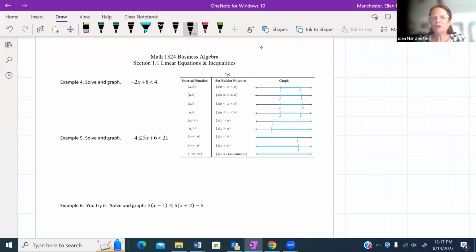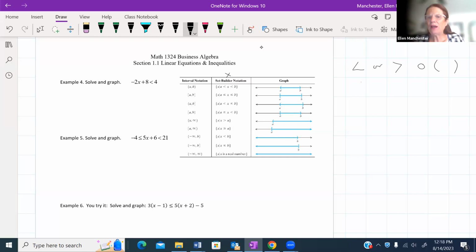With interval notation, you're showing an interval. Remember, there's a series of answers, so you're showing the whole series of numbers that will satisfy the solution to this inequality. If you have less than or greater than, that is an open circle, and an open circle means it's not included, so you're going to use parentheses.